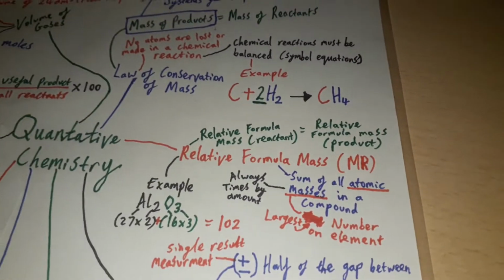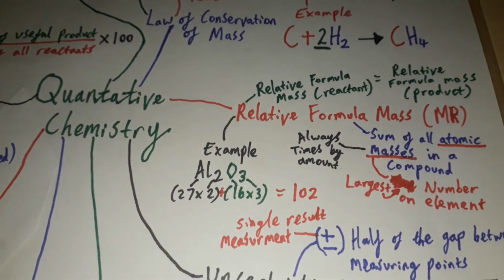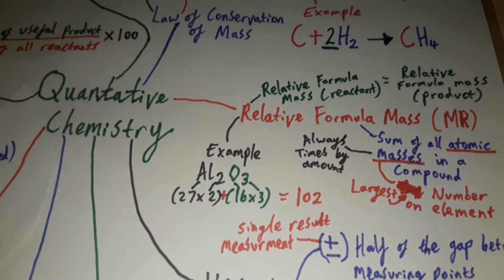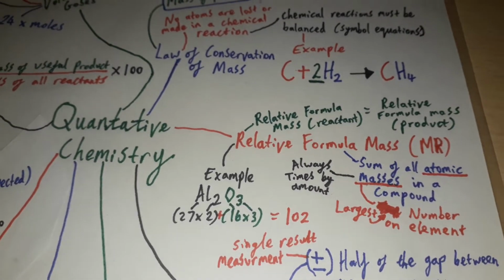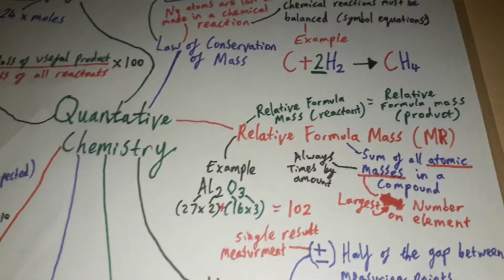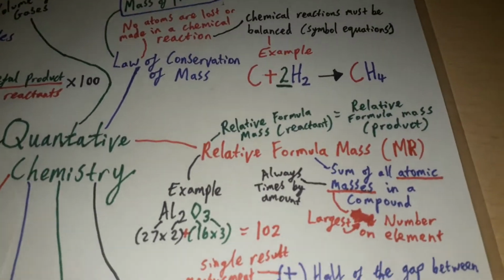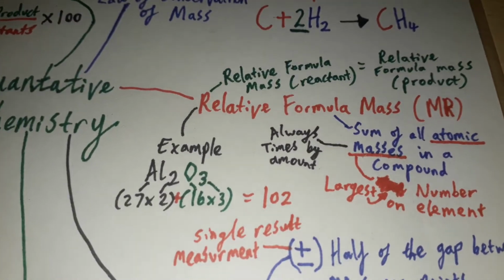So let's have a look at an example. So here we've got Al2O3. So the Al2, the atomic mass of aluminium is 27. But because we got 2 of it, we're going to times that by 2. And the atomic mass of oxygen is 16. And because we got 3 oxygens, we're going to times that by 3.